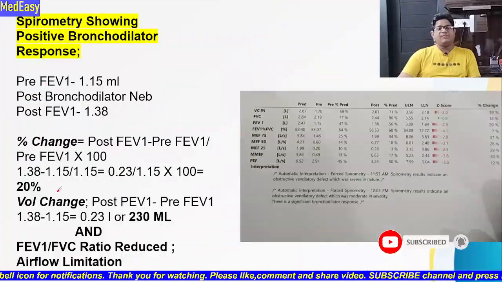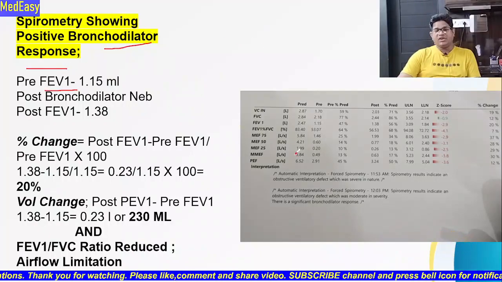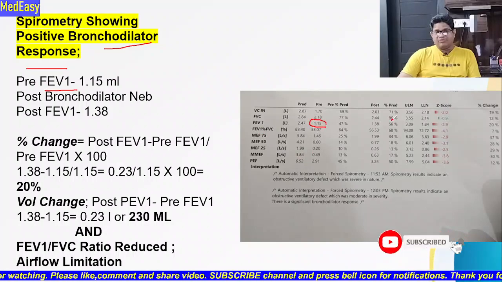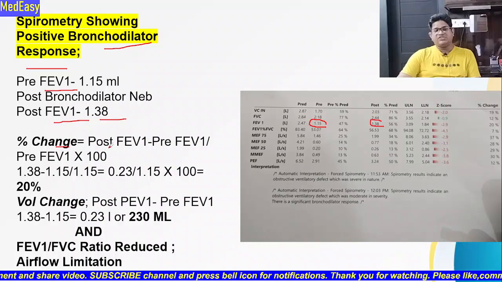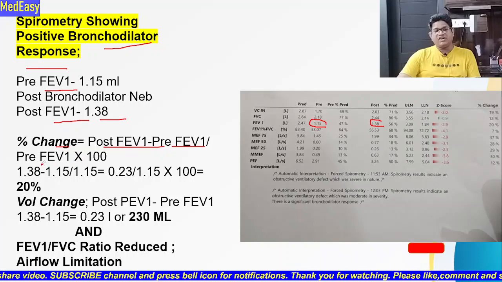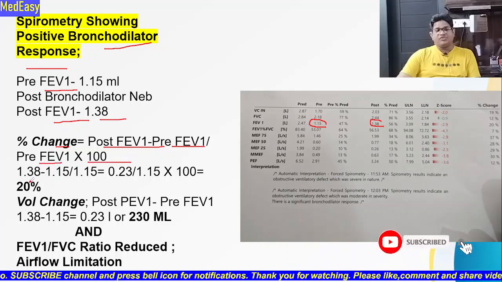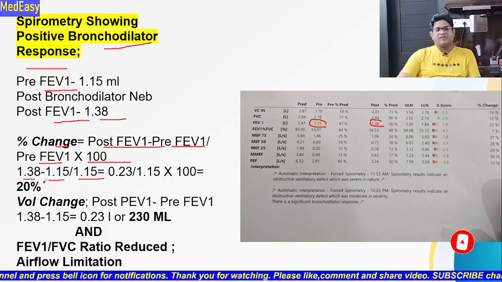Here is one example, spirometry showing positive bronchodilator response. Here we can see pre-FEV1 is 1.15 and post-bronchodilator it is 1.38. The percent change is post-FEV1 minus pre-FEV1, divided by pre-FEV1, multiplied by 100. If you calculate 1.38 minus 1.15 divided by 1.15, it comes to around 20%.